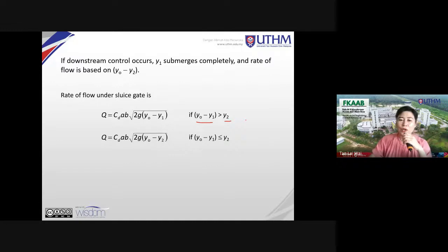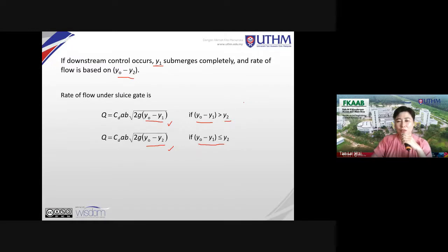If y0 minus y1 is larger than y2, then use y0 minus y1. Now, if y1 is submerged completely, that will not affect the flow anymore, so the rate of flow is only based on y0 minus y2. So when y0 minus y1 is less than or equal to y2, then you will use this formula. So you have to be careful.